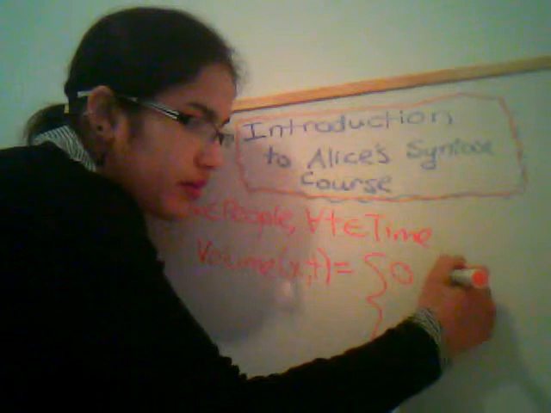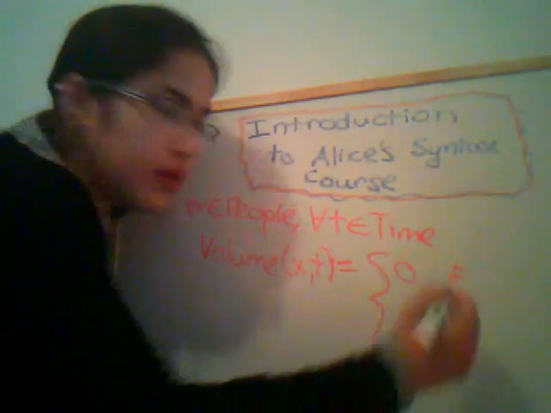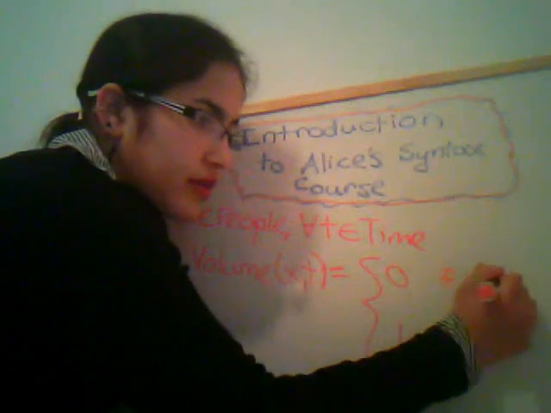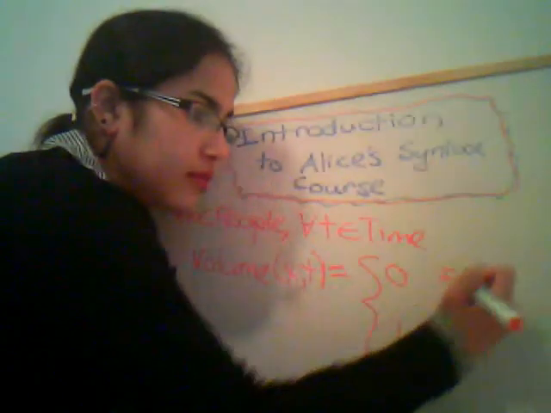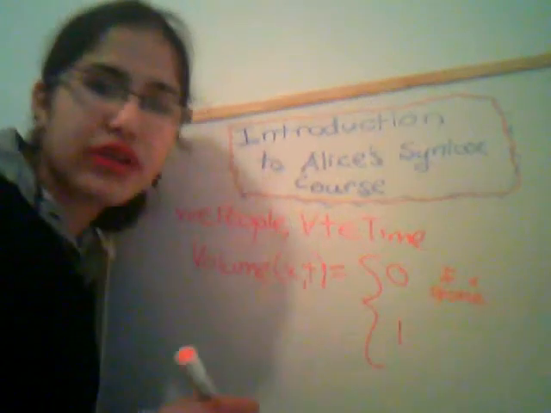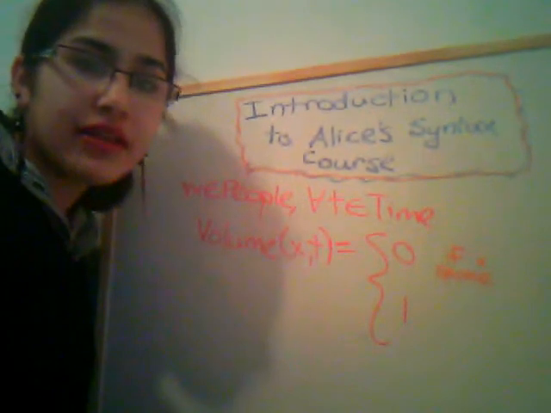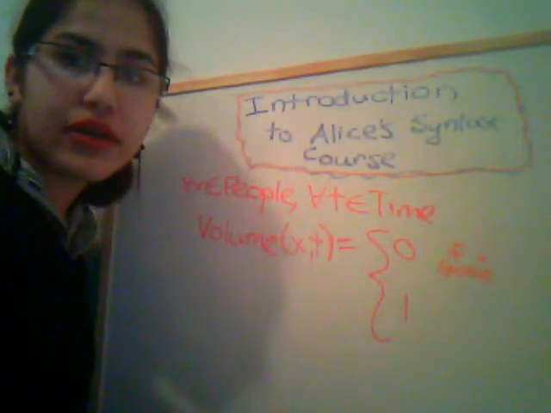0 if x spoke under 90 decibels. Well, 90 is a bit strict, right? Anyways, we'll see in the decibel scale. 90 is quite strict.